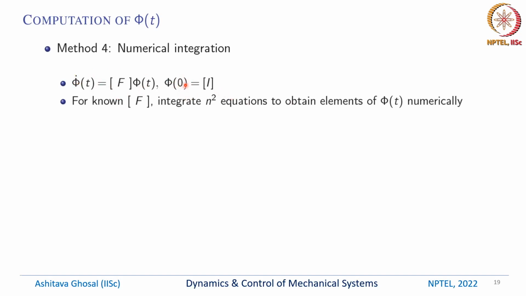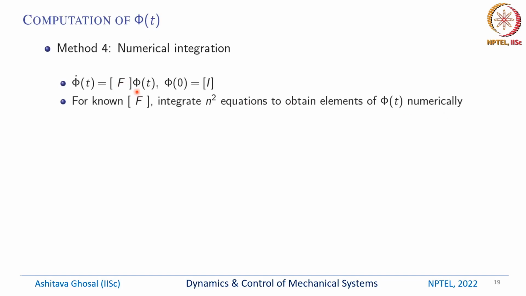And what is the initial value? Phi of 0 is identity. So hence, if I know what is f, I have n square differential equations. Remember, phi is n by n. So we have phi 1 1 dot is equal to some f into phi 1 1. Likewise, we have n square differential equations which we can integrate, and we can obtain the elements of phi of t numerically.